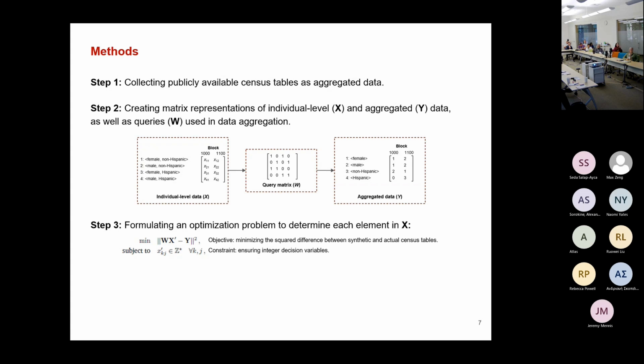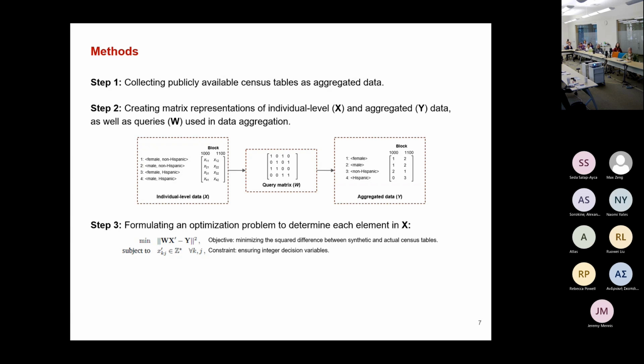So here, suppose that we want to create an individual level data set for 2 blocks, and each individual in these 2 blocks has 2 attributes, sex and ethnicity. So the individual level data will have the rows representing different combinations of attribute values for these 2 attributes we selected.